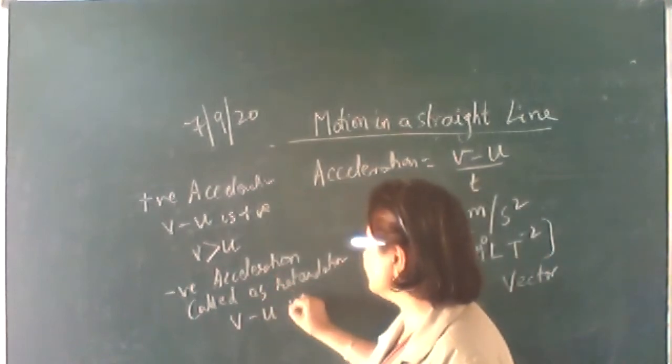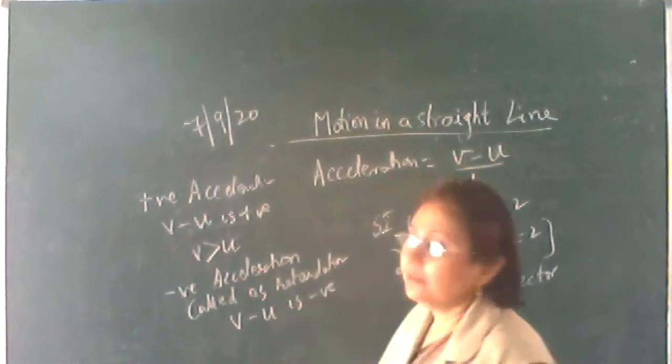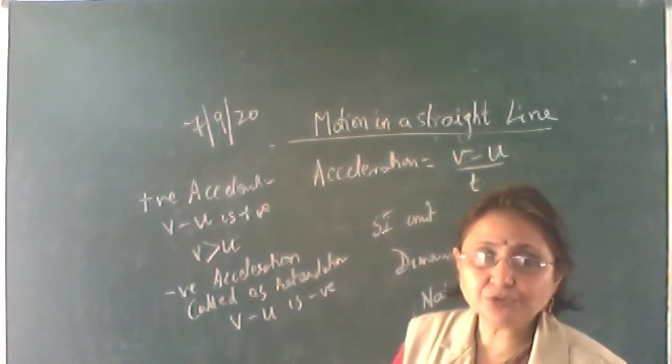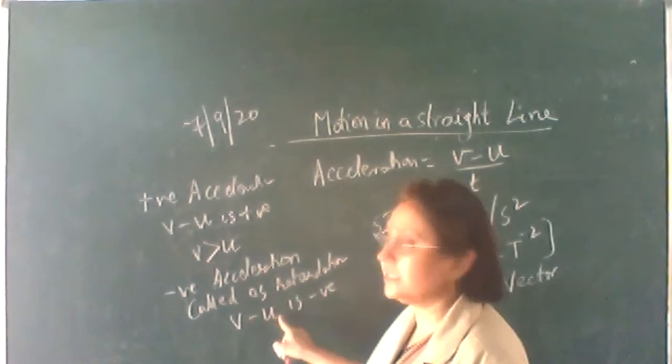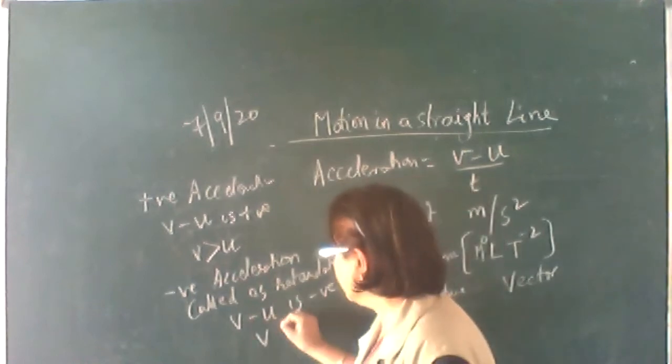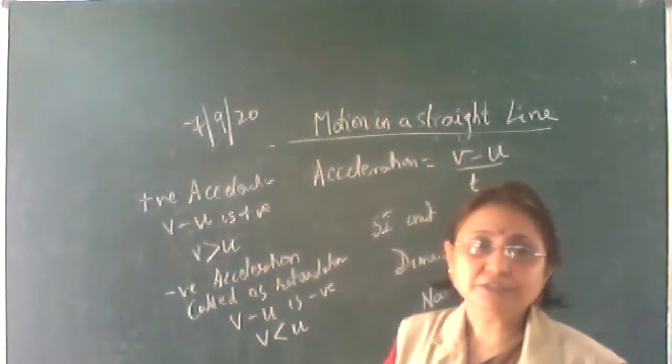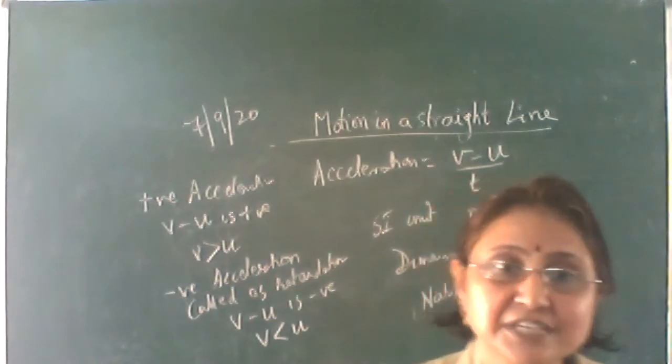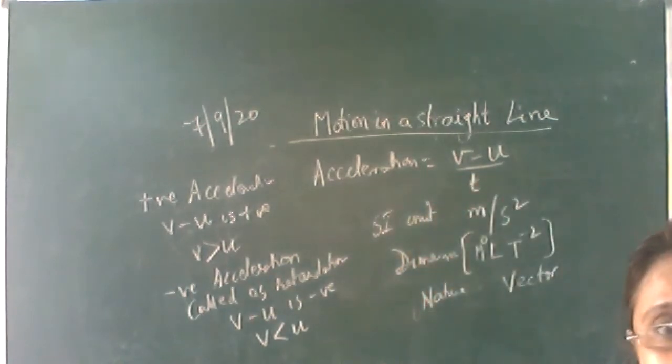When v minus u is negative. And when is v minus u negative? When v is less than u. That is, the velocity is decreasing with the time. So when the velocity is decreasing, the acceleration will be negative and it will be called as retardation.